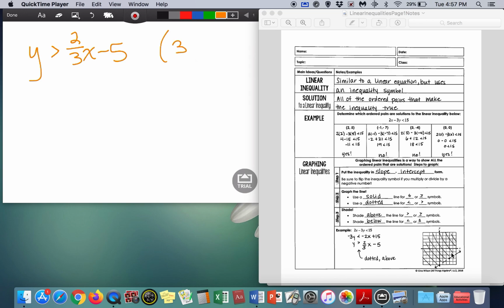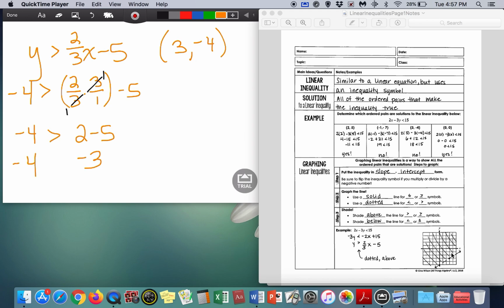So 2/3 times 3, I'm going to multiply, minus 5. And you could use your calculator for this. And then I can simplify the 3 with the 3, and that's going to give me 2 over 1, which is just 2, and 2 minus 5 is negative 3.